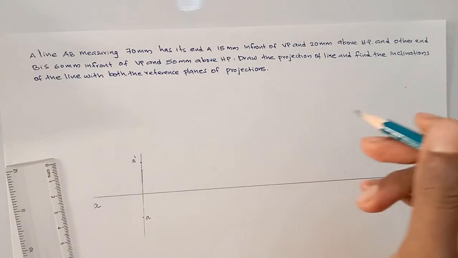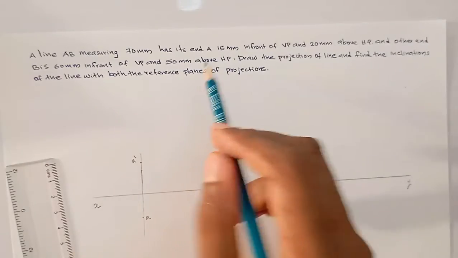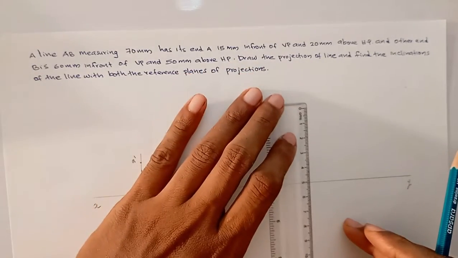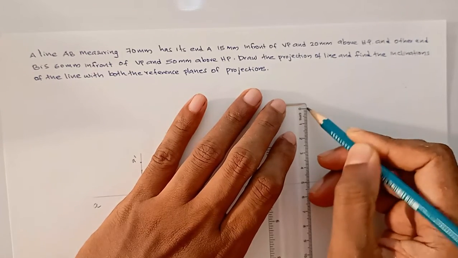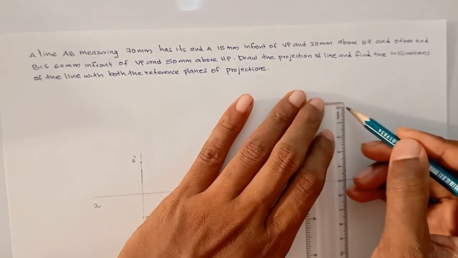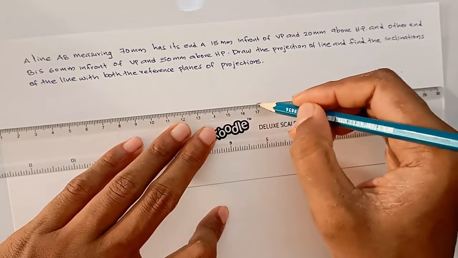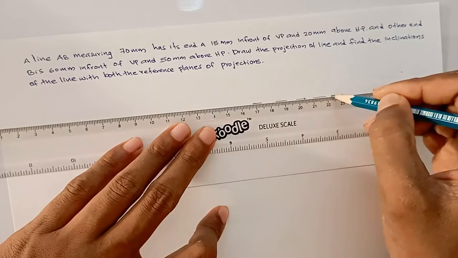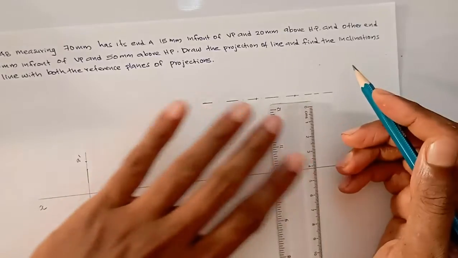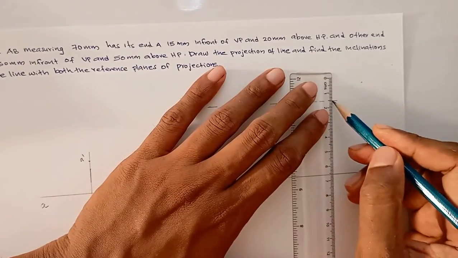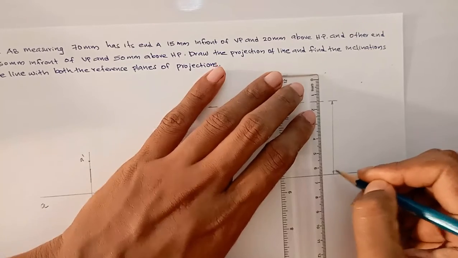Next we have to rotate the line. What about the point B, which is 60 mm in front of VP and 50 mm above HP? Just mark a line here. This is your location line, and this is 50 mm above HP.